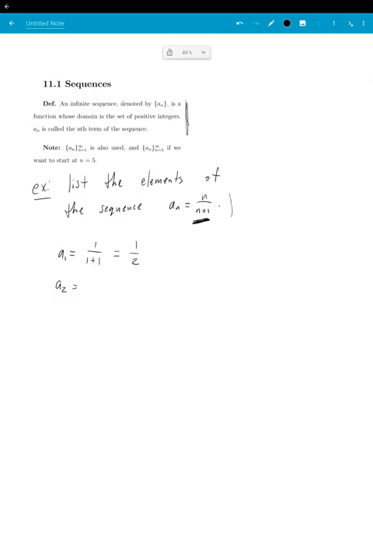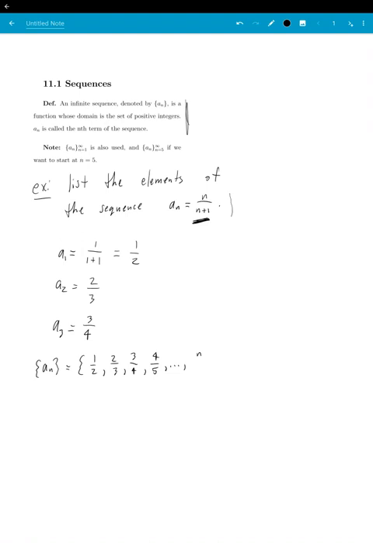a_2 is going to be 2 over 3. a_3 is 3 over 4. So maybe you want to write this as a_n is equal to 1/2, 2/3, 3/4, 4/5, dot dot dot.